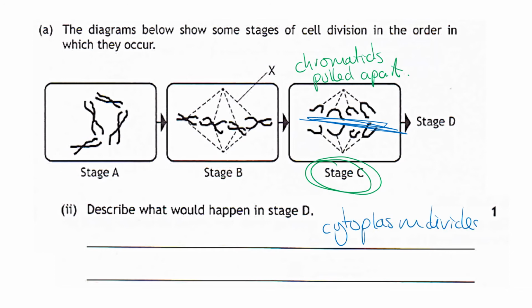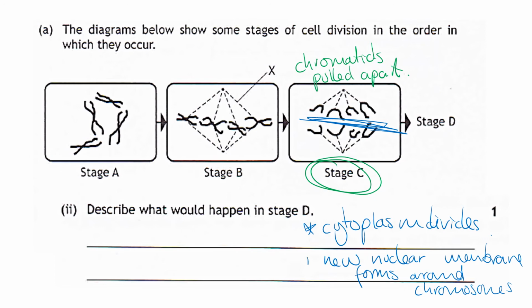The other thing that I could think here is, will I need new nuclear membranes around the chromosomes? So there's my 2 options, right? Cytoplasm divides, or new nuclear membrane forms around the chromosomes.